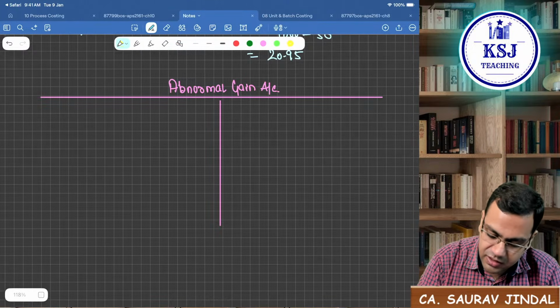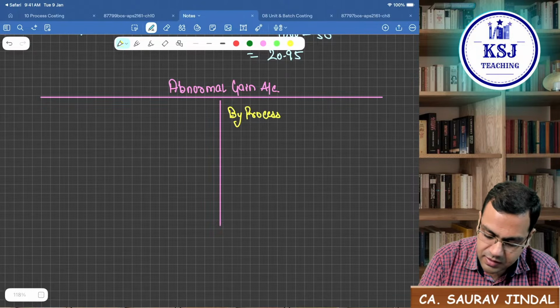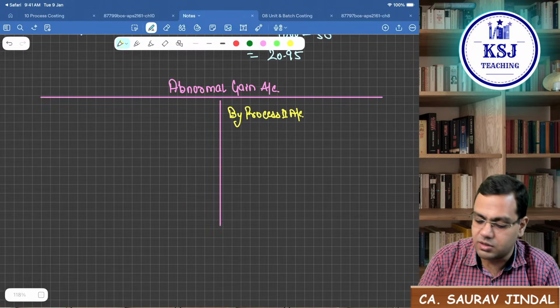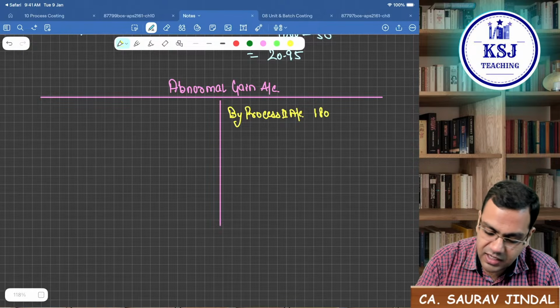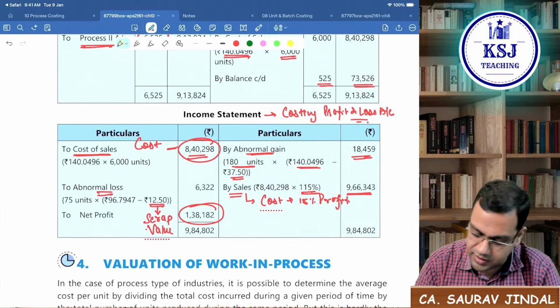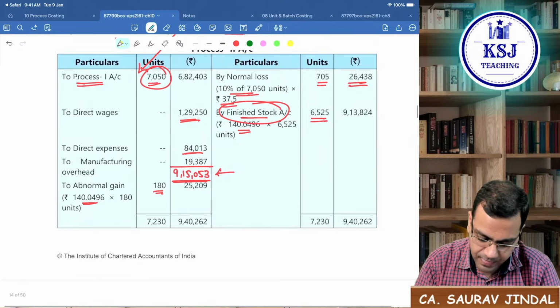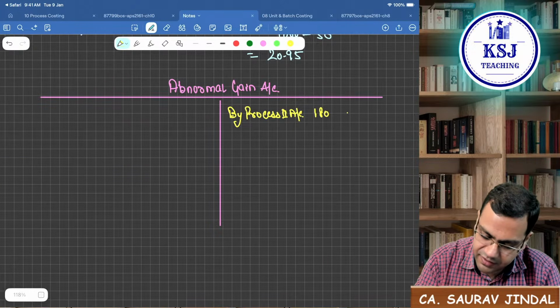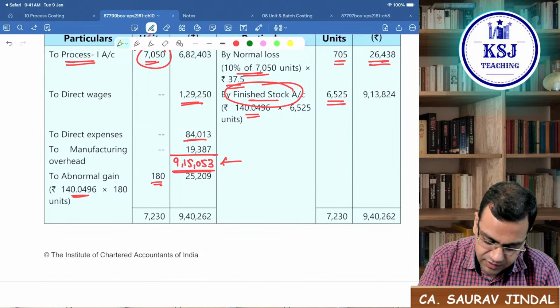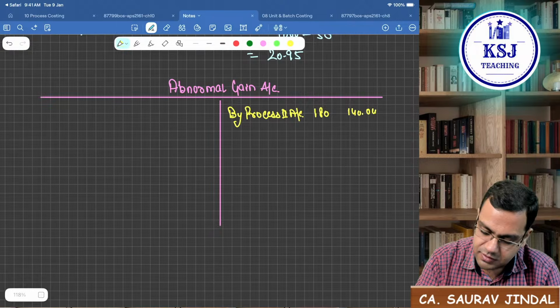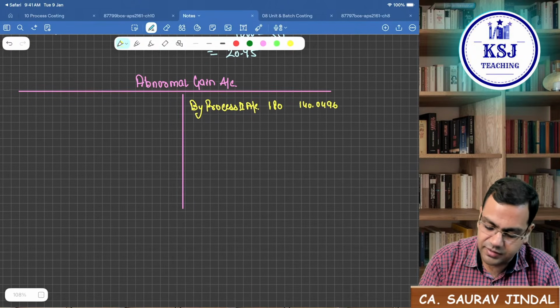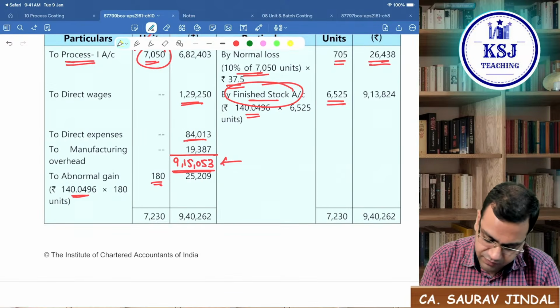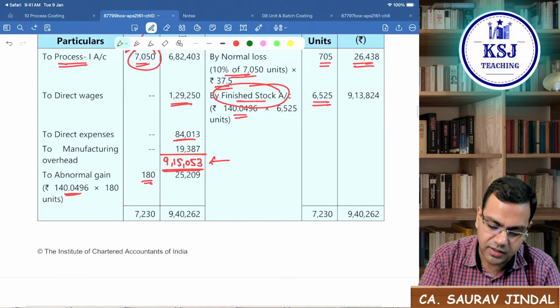In case of gain, you will write here by process 2 account, 180 units valued at 140.0496. So what is the total value here? 180 into 140.0496, that is 25,209.